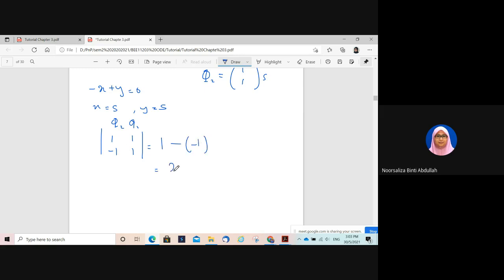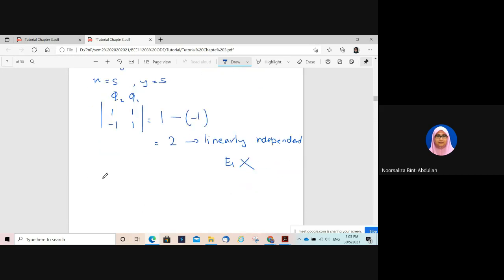Then you get 2. Betul? So bila 2, this one is linearly independent. So bila linearly independent, you tak perlu cari E1, tak perlu. So you can just proceed with the general solutions.